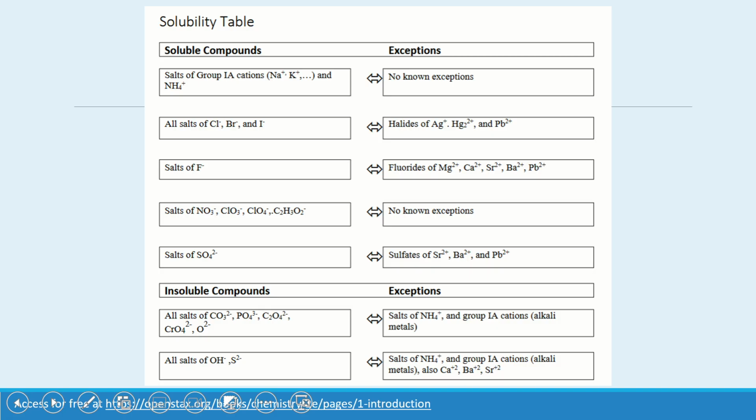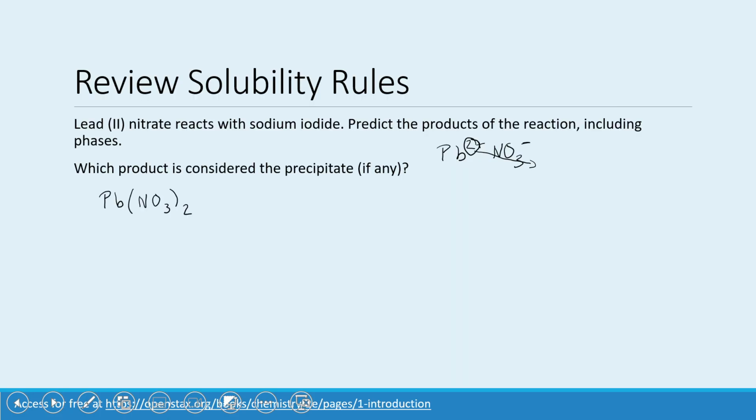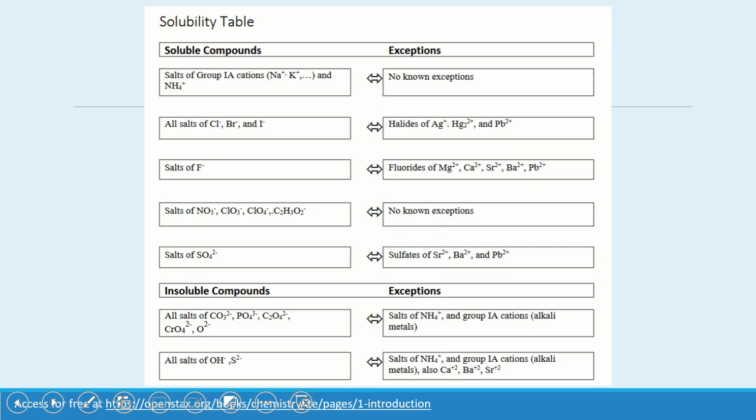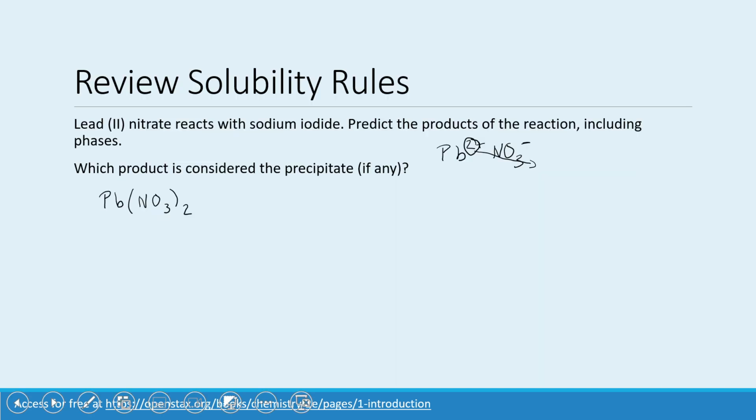We are looking typically at the anions to determine whether it's soluble or insoluble, and we're looking at nitrate as our anion. On our table here we have nitrate, which is always soluble, and there are no known exceptions. So anytime you see a nitrate in a compound, you can assume that that is soluble, which means that it will be aqueous in its phase.